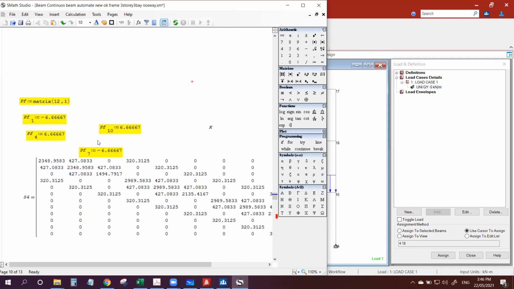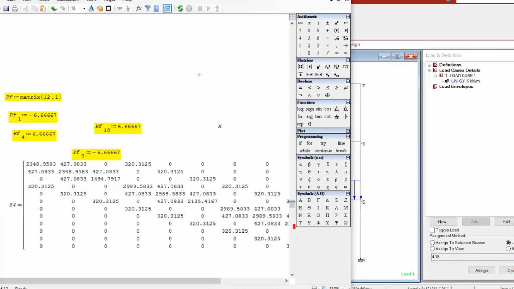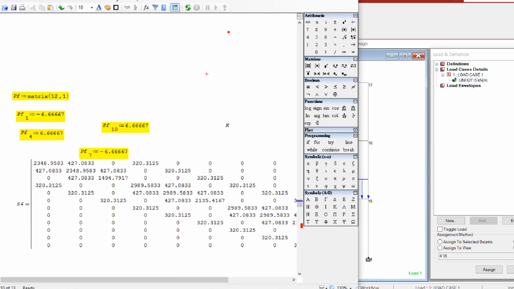Okay? And that is, again, consistent to our numbering, no? So remember that is 2, 4, 6, 10, 12, 14.